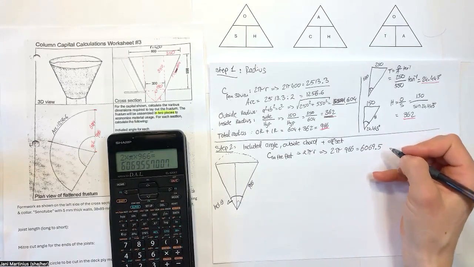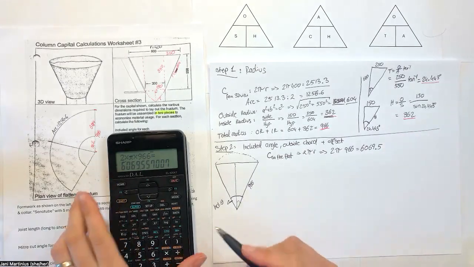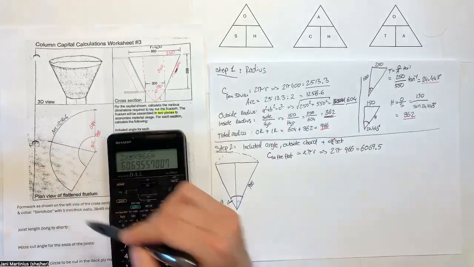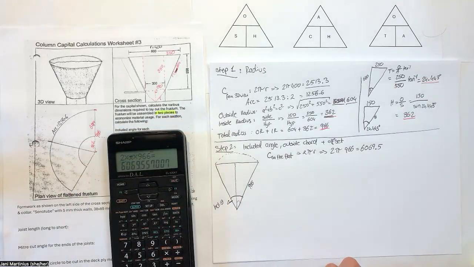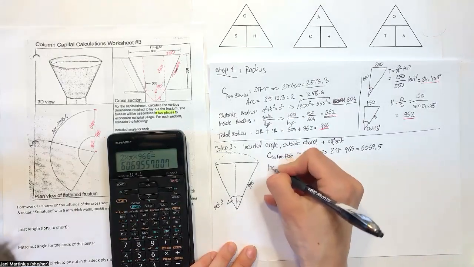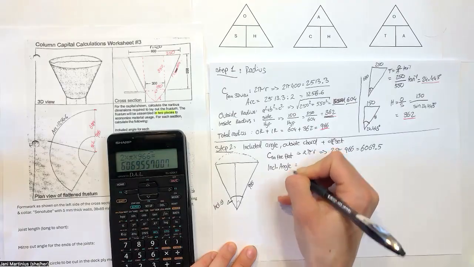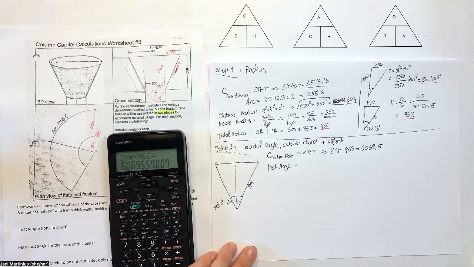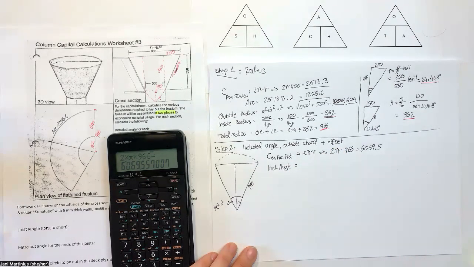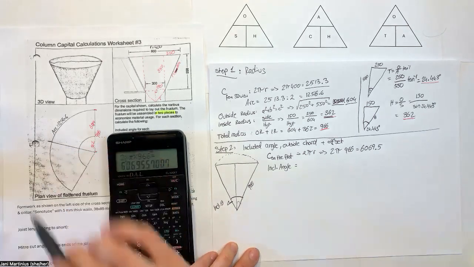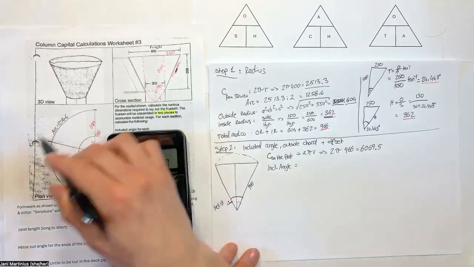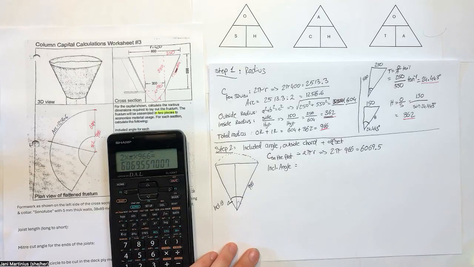Okay, so that is our full circumference of the circle here. Now, to find our included angle, we can compare our arc to the circumference of the whole thing, of the entire circle.